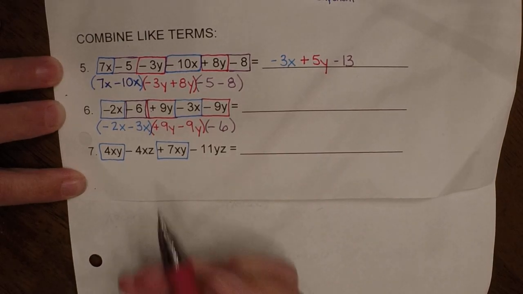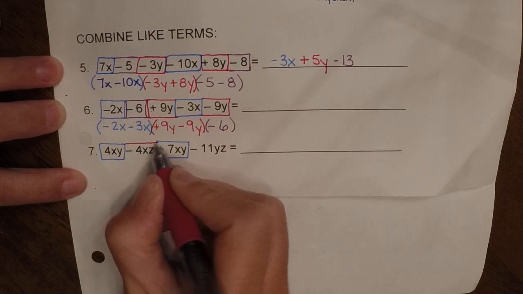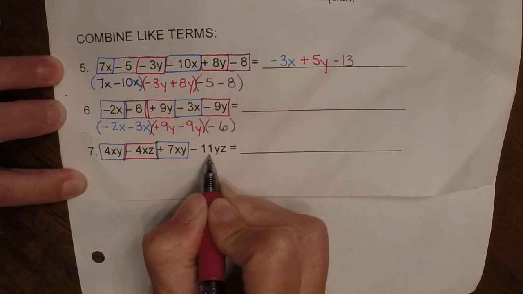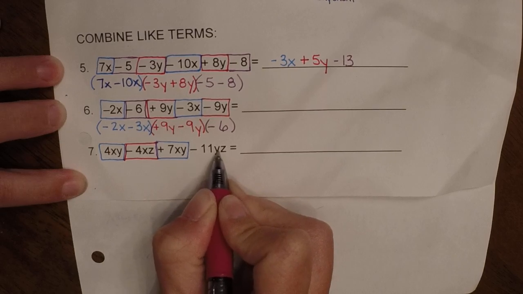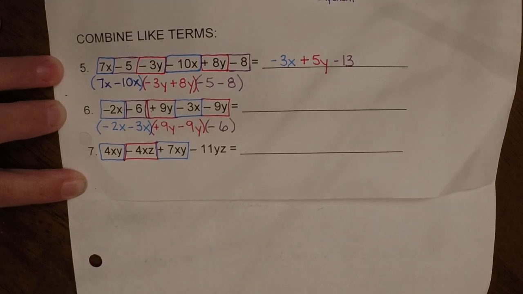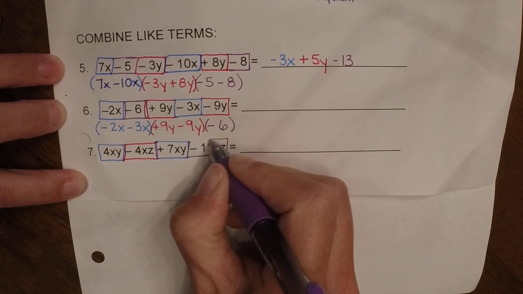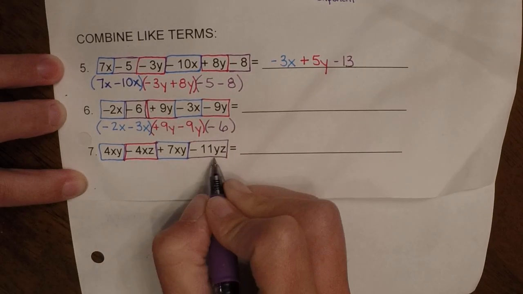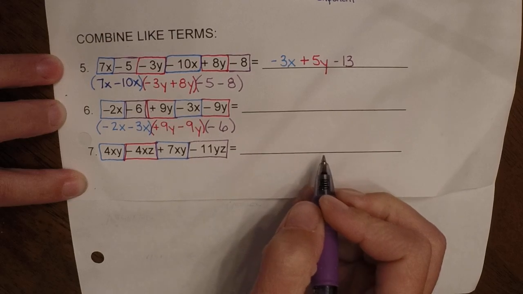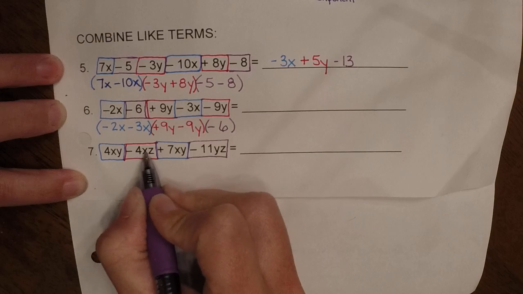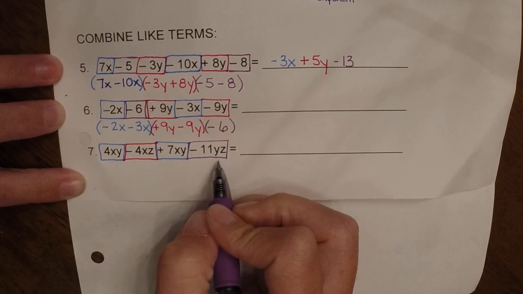Then when I would move on to pink, I have minus 4xz. Well, when I look, this has a yz. Therefore, it stays by itself and would be our only purple. So if you notice, pink and purple really don't have anything to go with them. So when I go to write it down, I would just put whatever I get here, minus 4xz, minus 11yz.